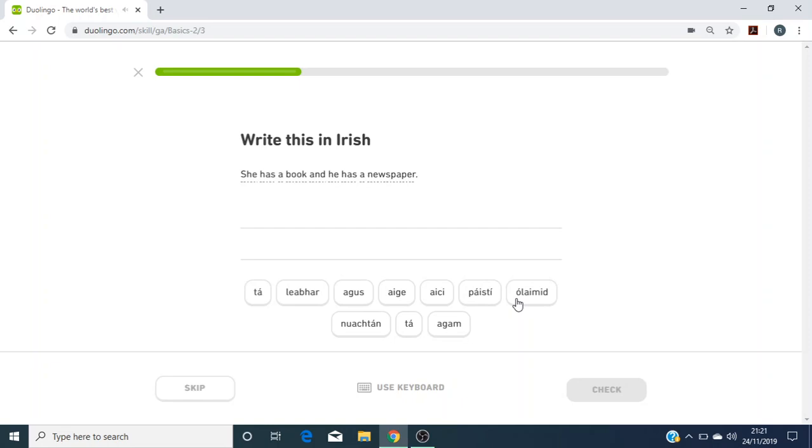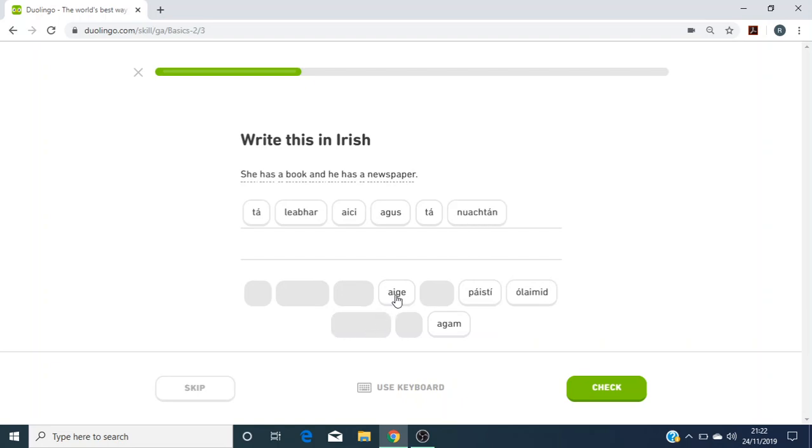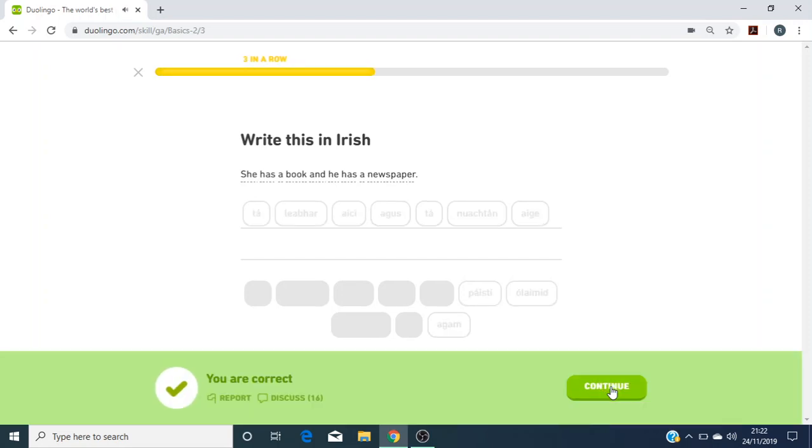She has a book and he has a newspaper. Okay. So tá leabhar aici. If it's she, it's aici. And if he has a newspaper, tá nuachtán aige. Have I got that right? Yes!